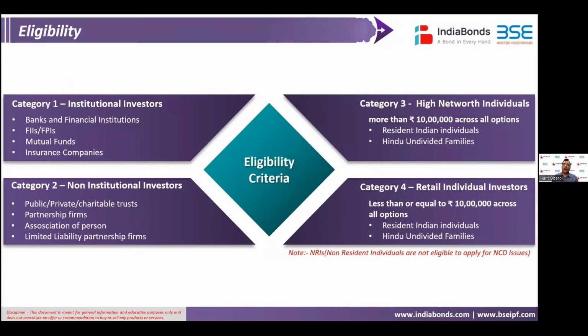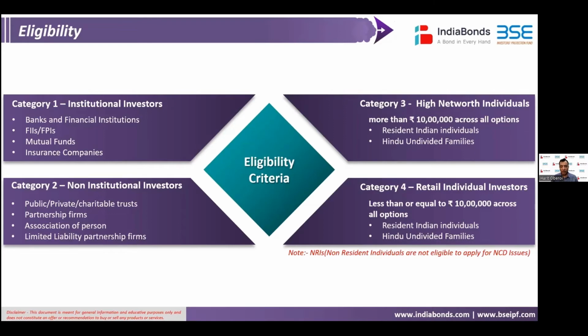Category 3 means high net worth individuals: any individual investor investing more than 10 lakh rupees is categorized as a high net worth individual or a category 3 investor. And anything up to 10 lakh rupees or lower is categorized as category 4 or retail individual investors.